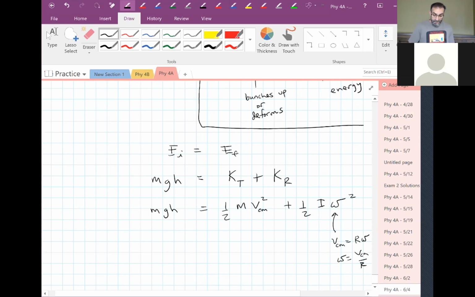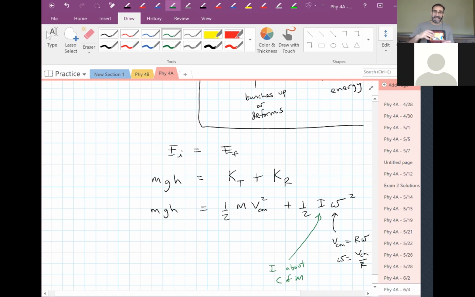And I, what is I? That's the rotational inertia about the center of mass, not the point that's touching the ground.